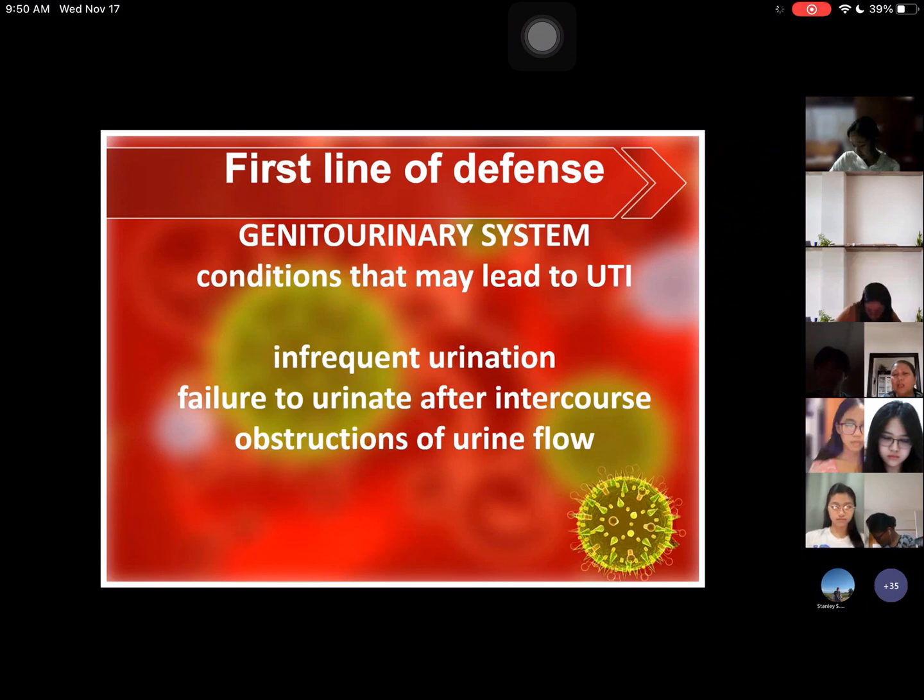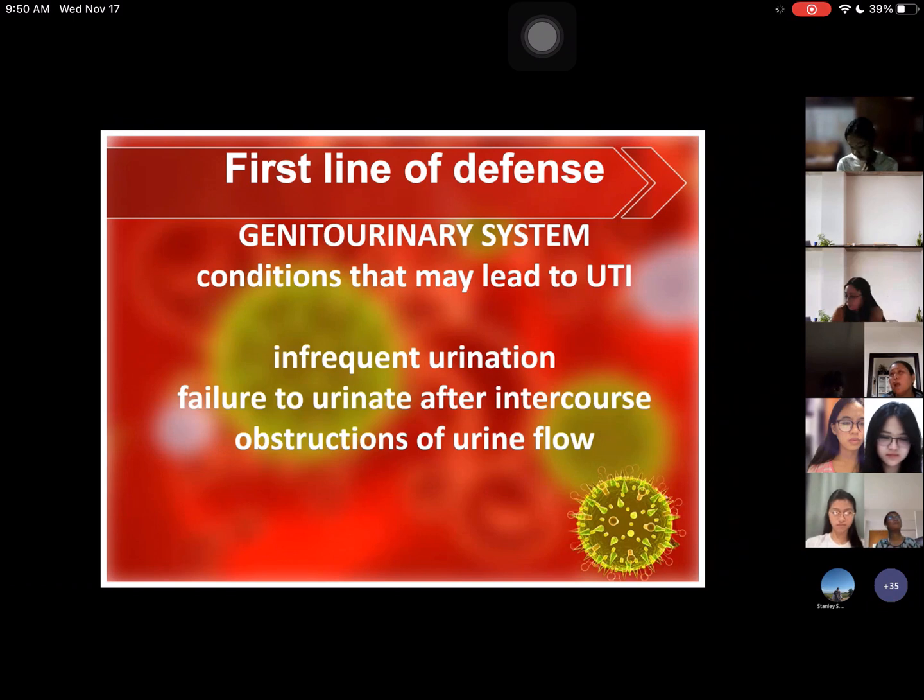And then obstruction of urine flow. Obstruction of urine flow is also one that may lead to UTI. Yung hindi mo tinatapos, or because if you have diseases like chronic kidney failure, it can obstruct your urine flow.